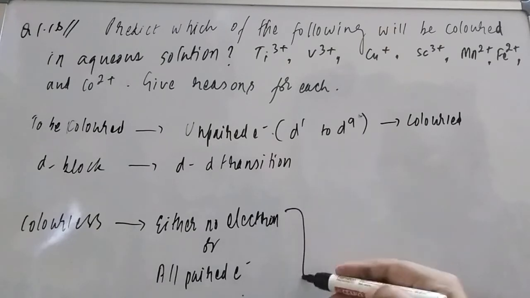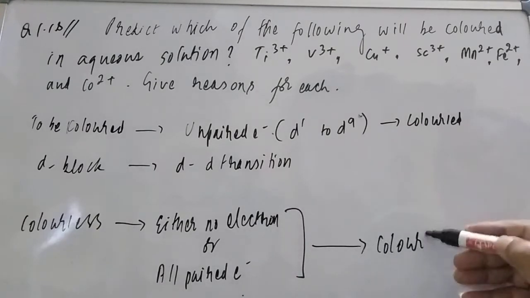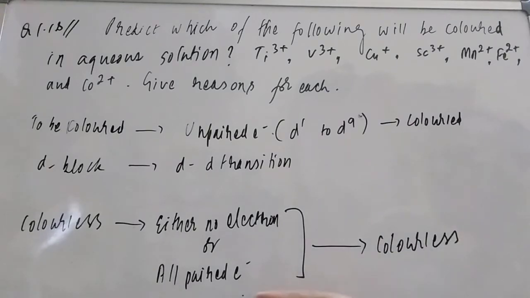If these conditions are fulfilled, the compound will be colorless. What configuration? If it is d0 configuration, or d10. So either d0 or d10 will always be colorless.